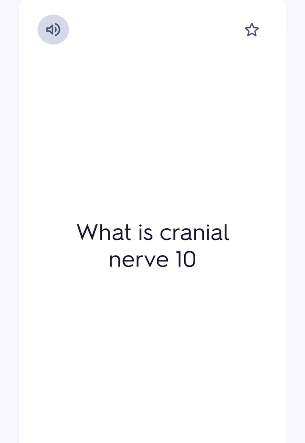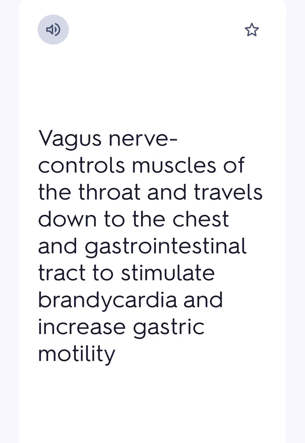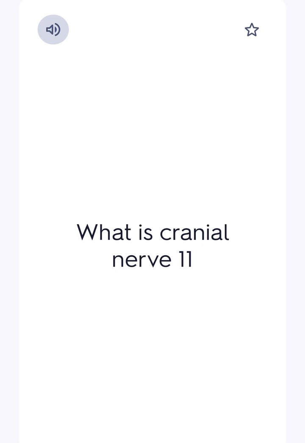What is cranial nerve 10? Vagus nerve controls muscles of the throat and travels down to the chest and gastrointestinal tract to stimulate bradycardia and increase gastric motility. What is cranial nerve 11?